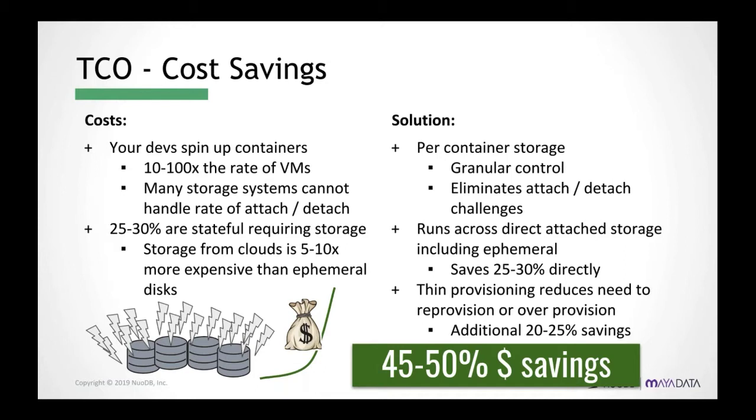That will help you save some of that cost. A solution to that is, again, container attached storage, which provides more granular control, eliminates these attach-detach challenges, and by adding thin provisioning on top, you can get up to 40 to 50% savings on the storage side.